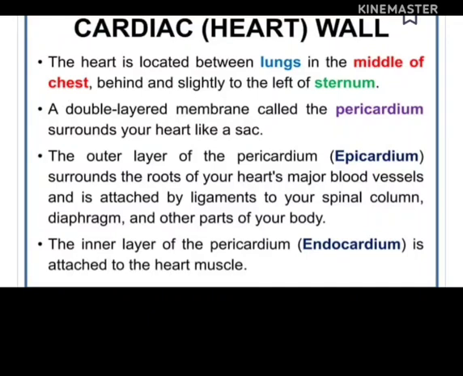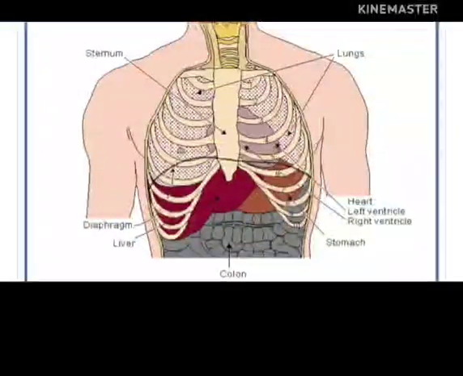Now we'll discuss the cardiac heart wall. The heart is located between the lungs in the middle of the chest, enclosed in a double layer of membrane called the pericardium. The outer layer is called the epicardium and the inner layer is called the endocardium.